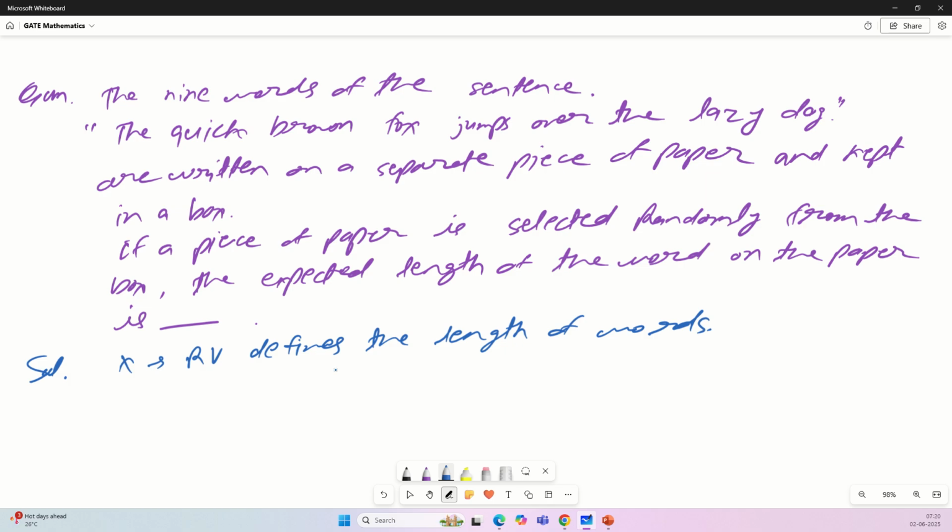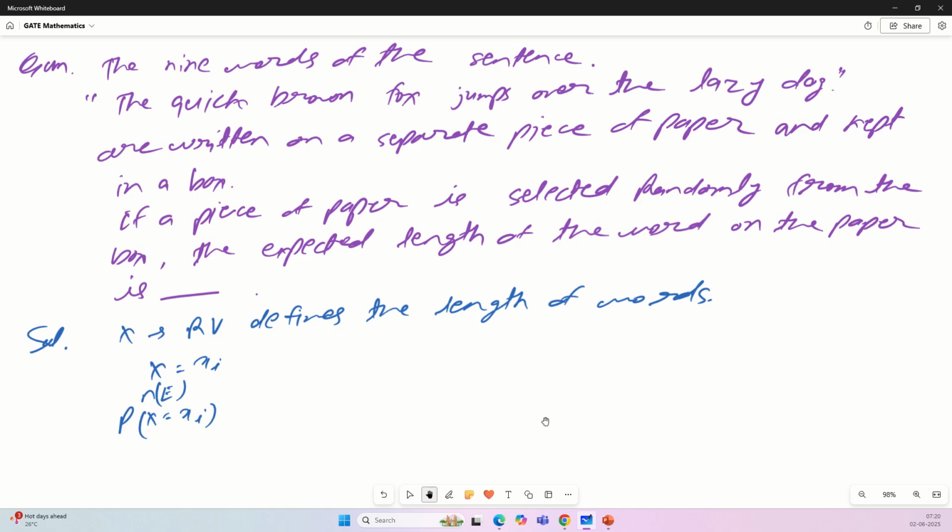So x equal to xi gives the length of the word, and I want to first calculate how many of these events there are, and then we'll find the probability of x equal to xi. You can write without writing all this, but I just want to make sure I don't miss anything.